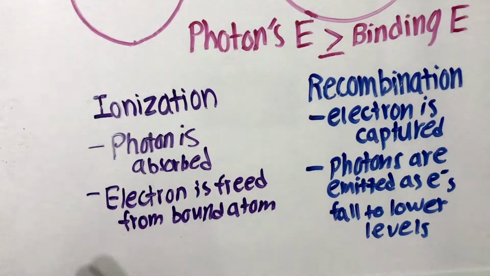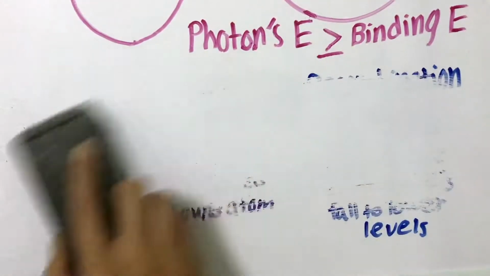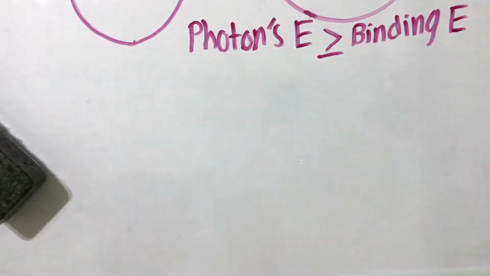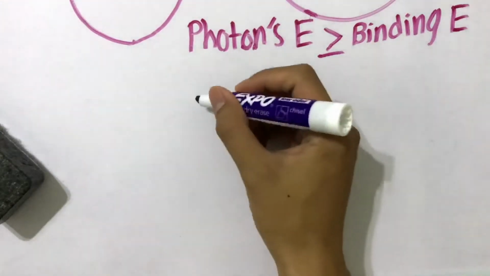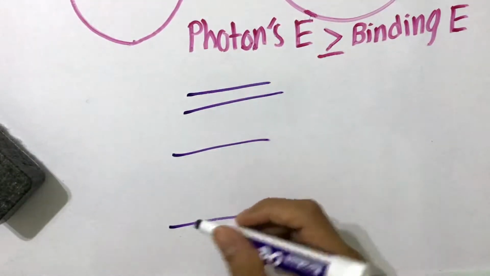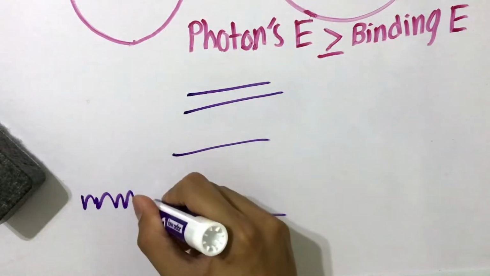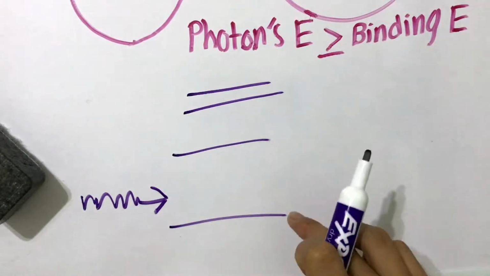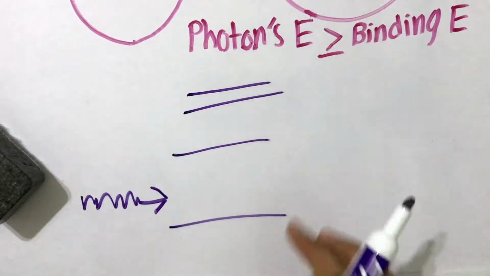To make it clearer, let's draw a diagram, starting with ionization. When the photon is absorbed, this is the photon going here, and we have the energy levels: level 1, level 2, 3, 4.